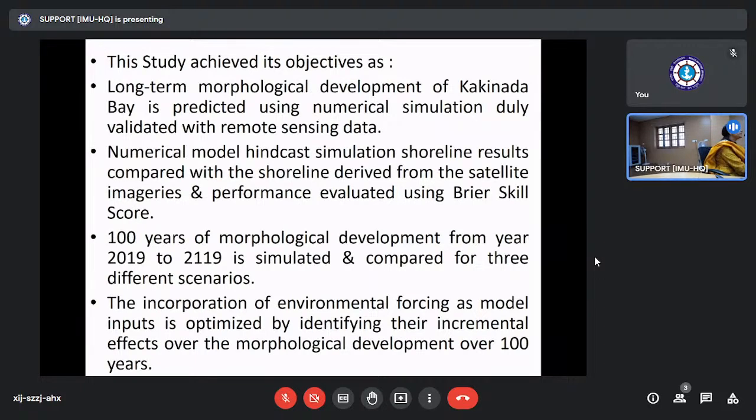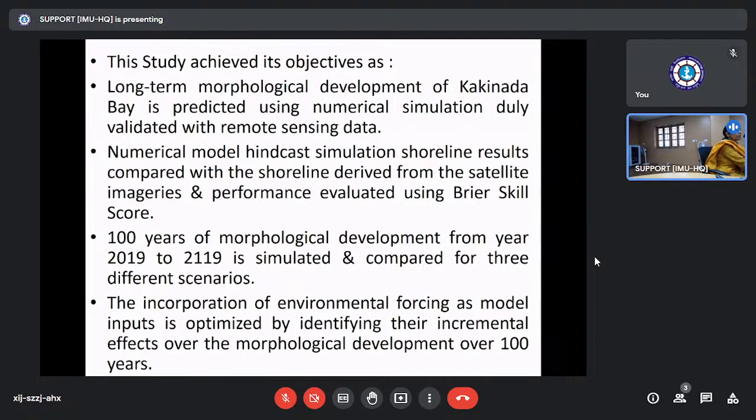So the study achieved its objective as the long-term morphological development of Kakinada Bay is predicted using numerical modeling, which has been duly validated using the remote sensing data. Then numerical model hindcast simulation shoreline results are compared with the shoreline derived from the satellite imageries using Brier's score.